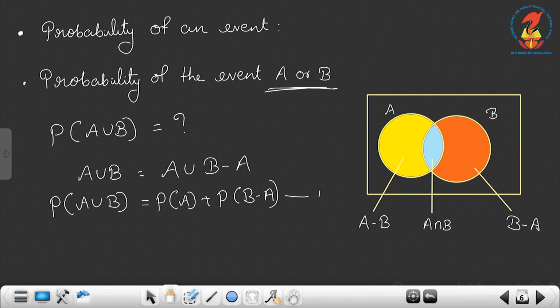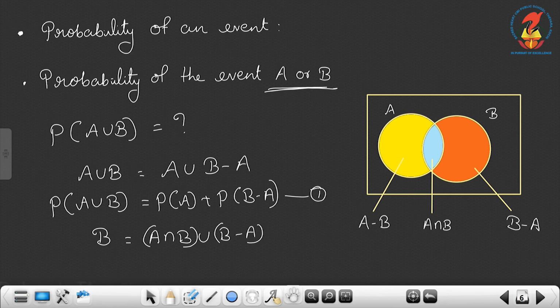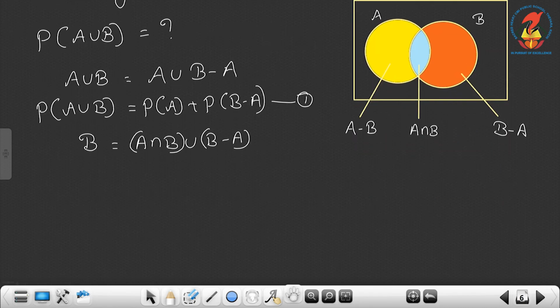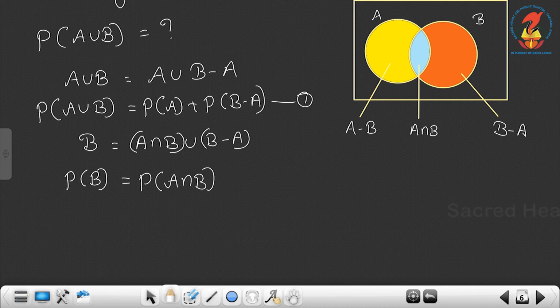Now I am taking the set B as A intersection B union (B minus A). Is it correct? And they are mutually exclusive. This blue colored portion and red colored portion are mutually exclusive. So by using the axiom, P of B is equal to P of A intersection B plus P of (B minus A).